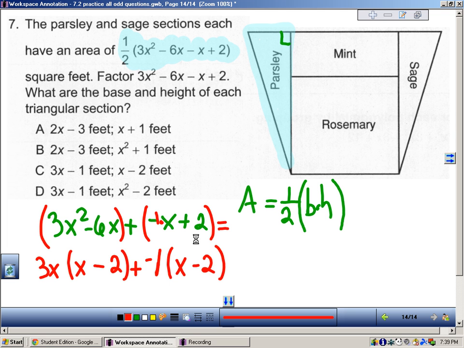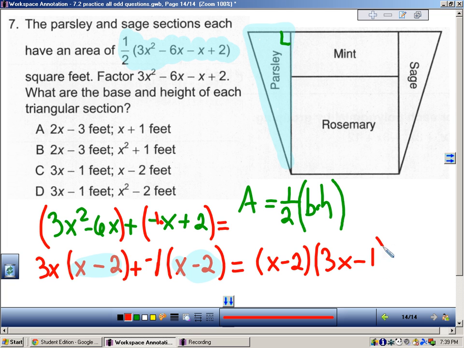So now I see that my common factor is x minus 2. So I'll rewrite this here. It becomes x minus 2 times the quantity 3x plus negative 1, or 3x minus 1.